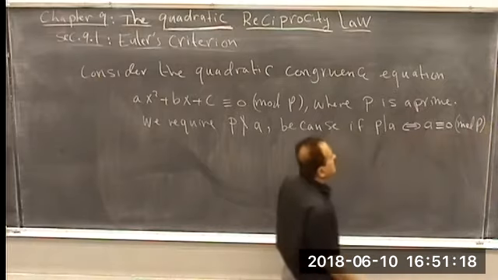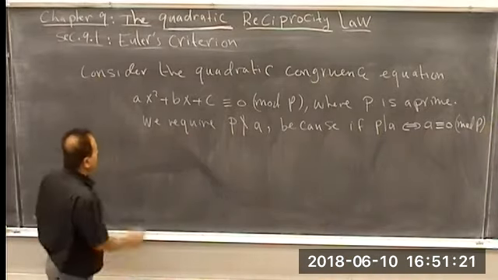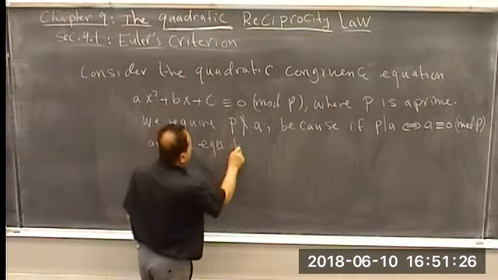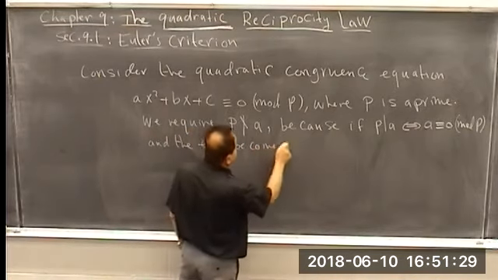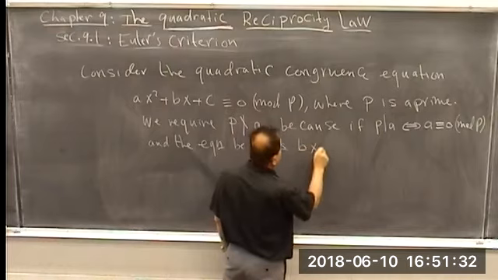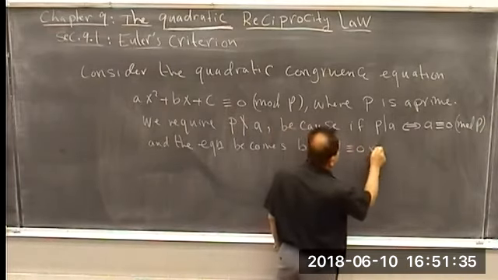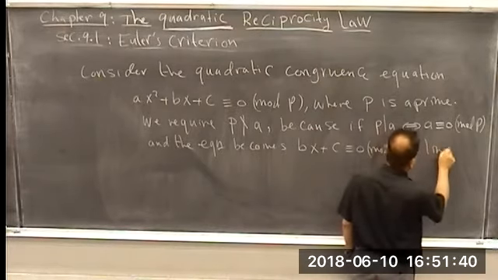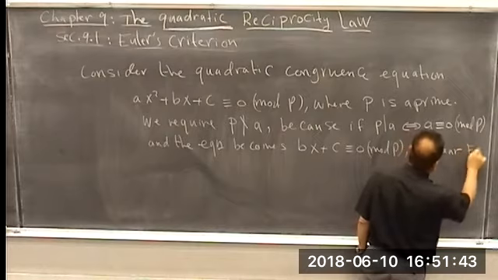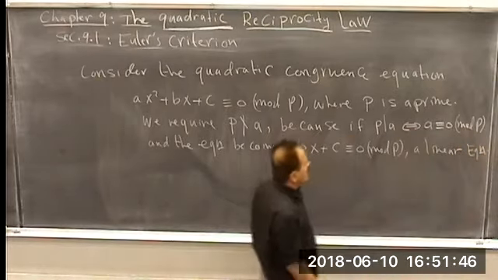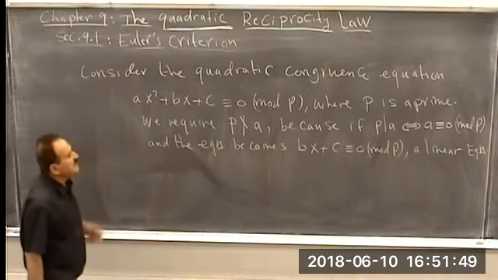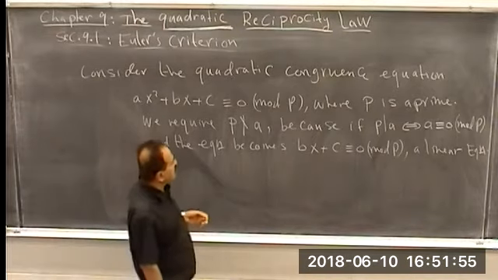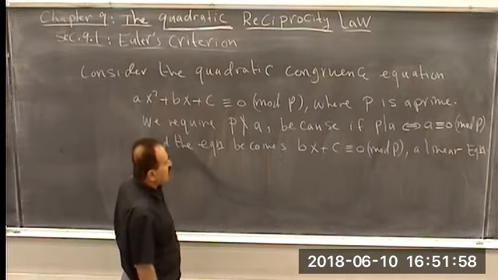Basically, mod p, a is equal to 0, and the equation becomes bx plus c congruent to 0 mod p, a linear equation. And we dealt with linear congruence equations in chapter 4, so we don't want to go through this. So these are the conditions that we want to put on. Of course, a, b, and c are all integers.